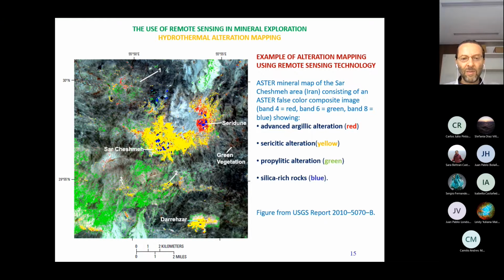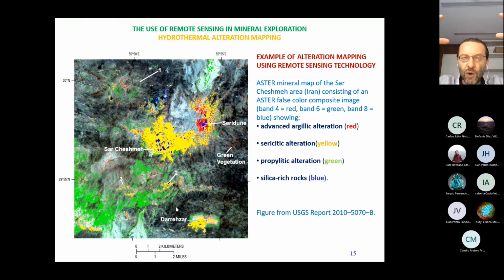Here is again from the same area in Iran, but a different sensor. This is an ASTER satellite, and here we have basically a false color composite image. So a combination of these bands, as you can see, 4, 6, and 8. And what we see here, and this is very nice, you see in green what is called the propylitic alteration.